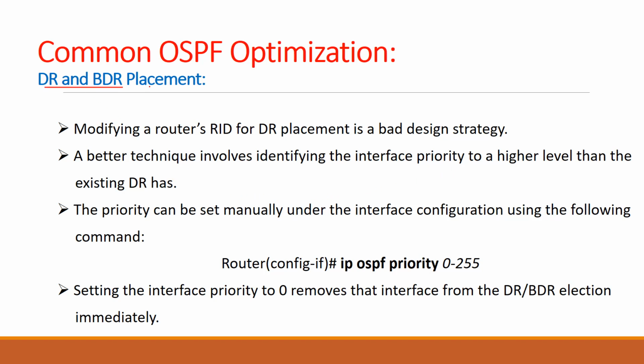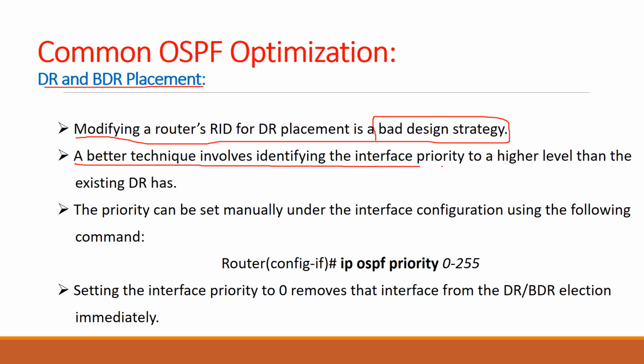So DR and BDR replacement: how to choose which router is the DR and how to choose which router is the BDR. As we configured, we didn't choose the priority, but we changed the router ID. Modifying a router's router ID for DR placement is a bad design strategy. A better technique involves setting the interface priority to a higher level than the existing DR has.